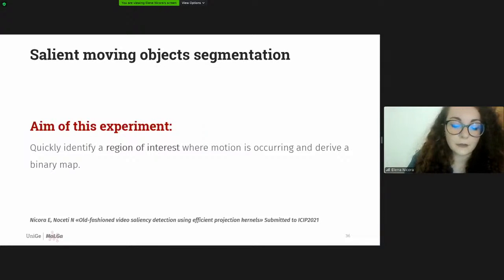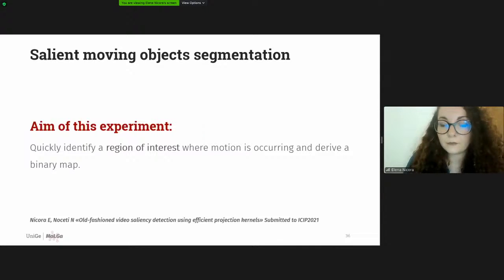It is used in different formulations, and often the computer vision perspective on saliency is blurred, so we don't have a clear definition.